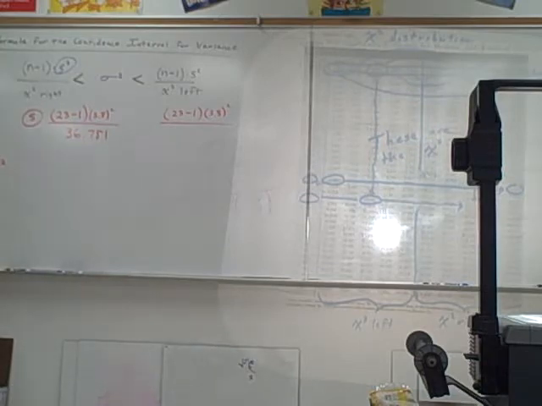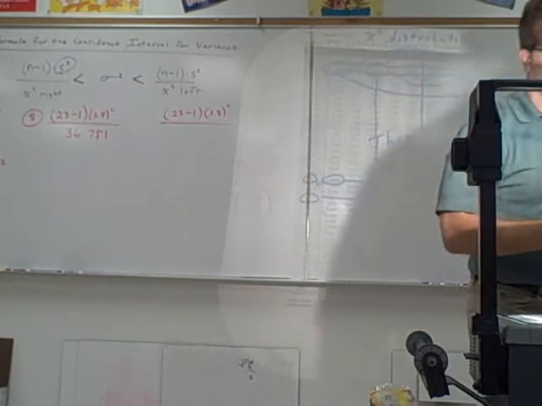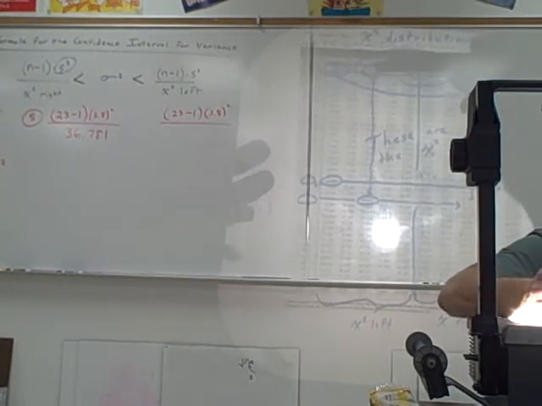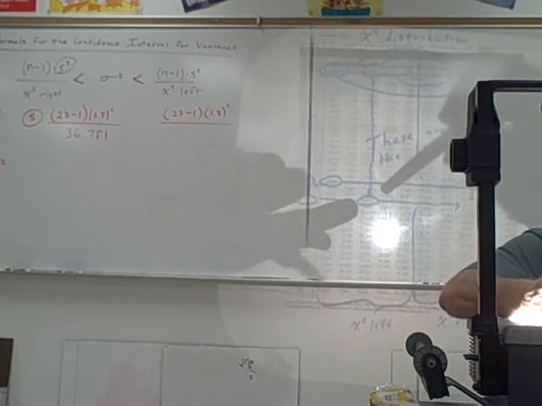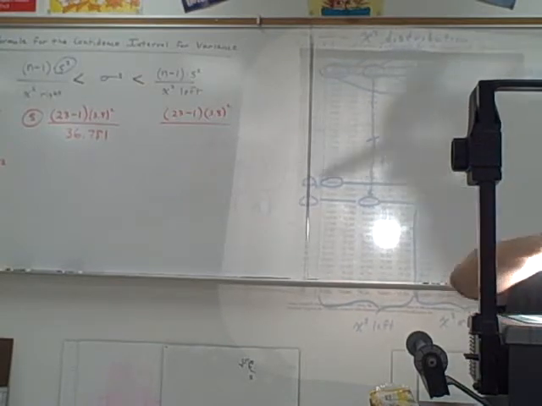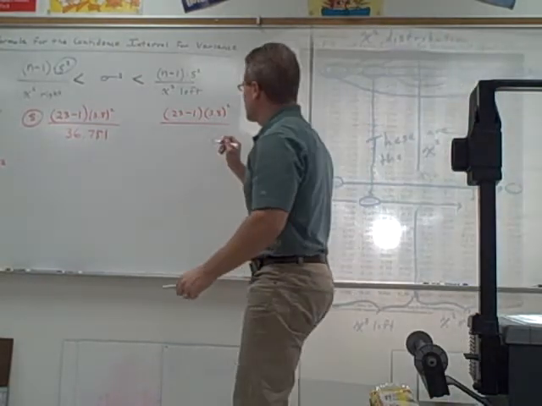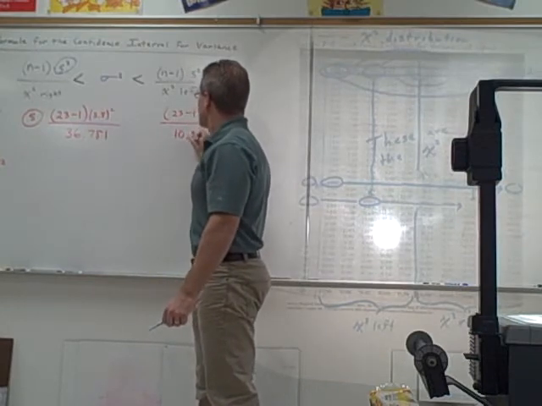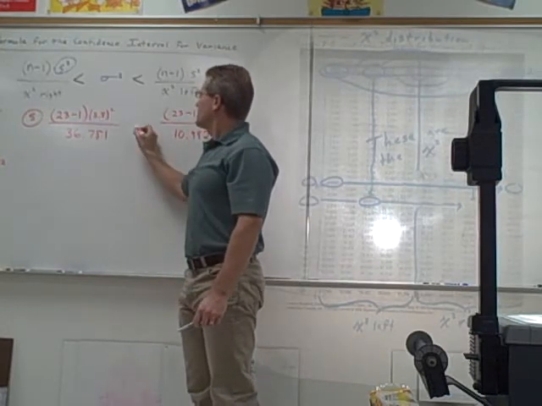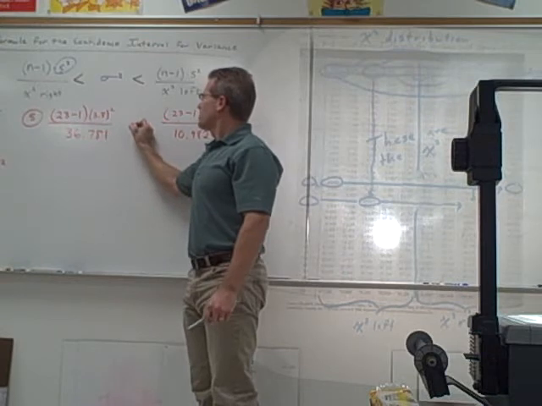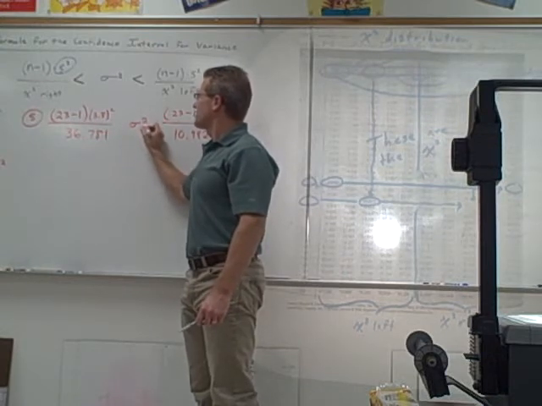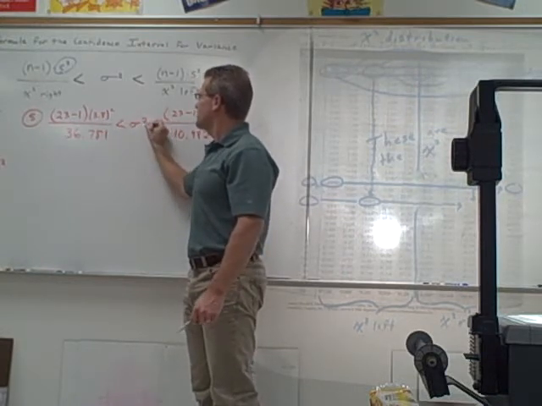So you've got to go to the 0.975 column. So 0.975 is right there. Again, I come down, come over from 22, 10.982. And our population variance, sigma squared, is going to be somewhere between these two answers.